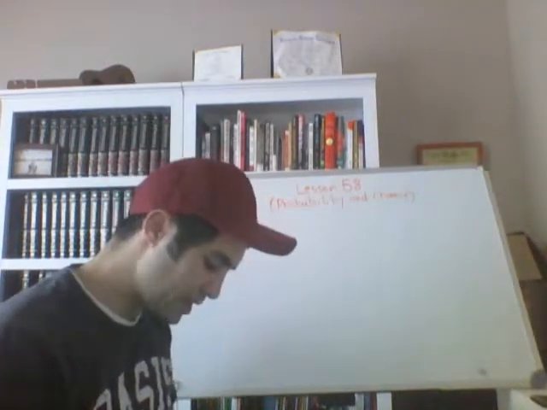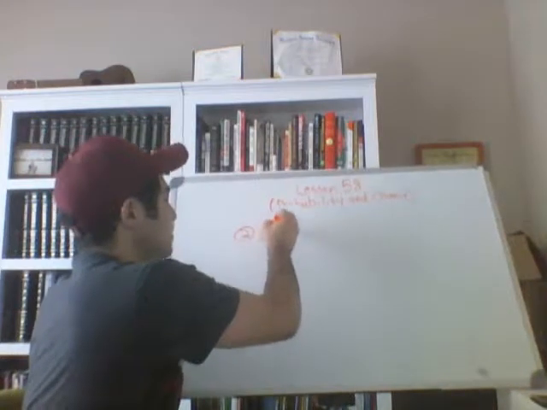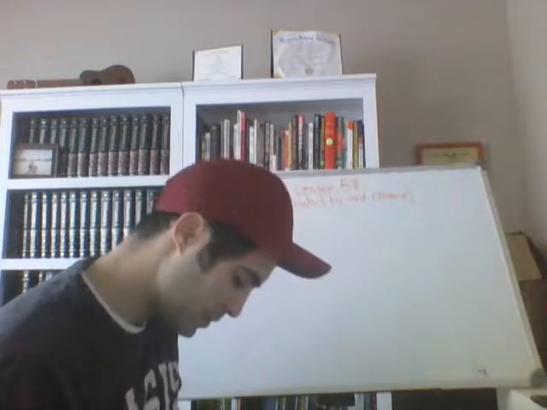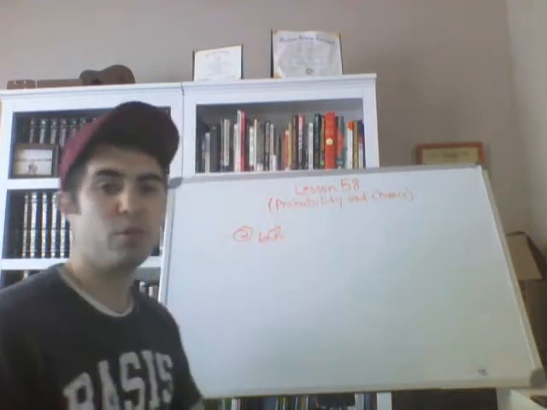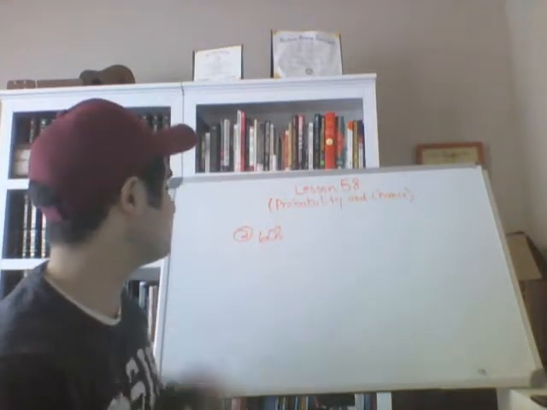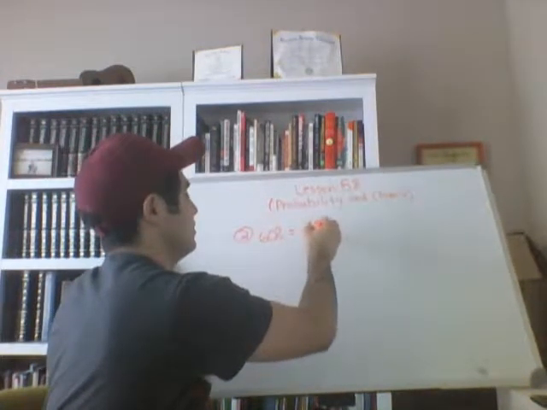Okay, so number 2 says a weather forecaster says that there is a 60% chance of rain tomorrow. Find the probability that rain will come. Well, you guys have memorized that 60% is equal to 3/5.